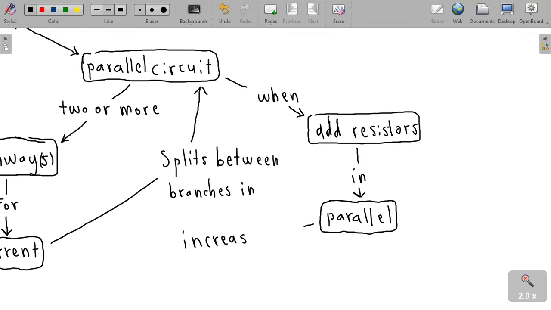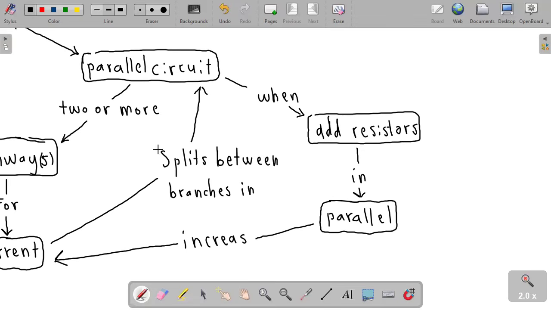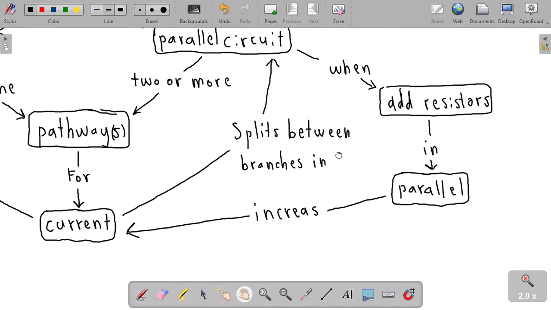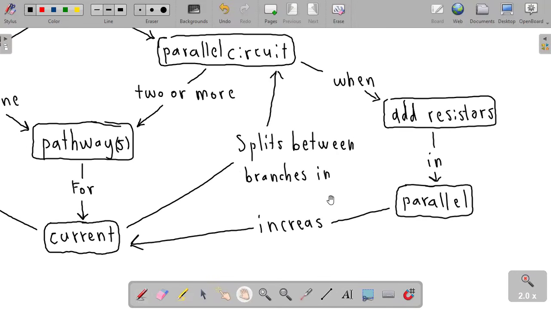There will be an increase in current like this. That's different. It's different from a series. So when you add resistors in parallel, there is an increase in current. That's what happens when you add resistors in parallel.